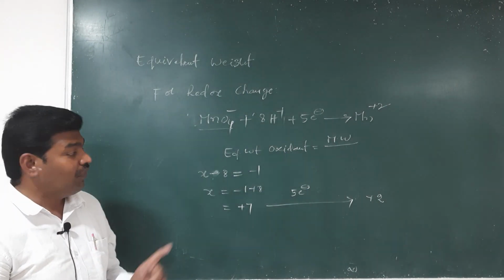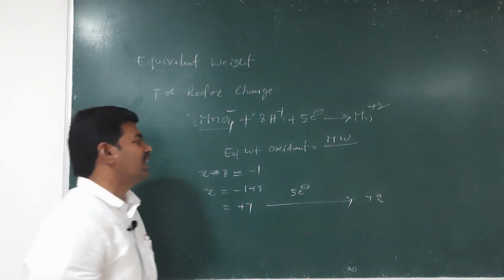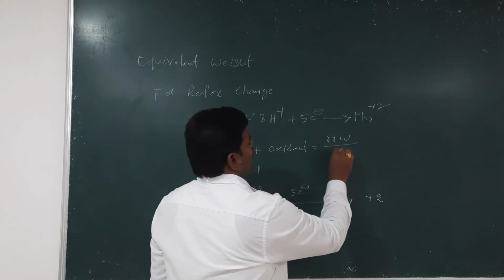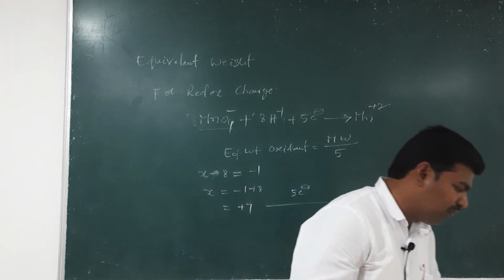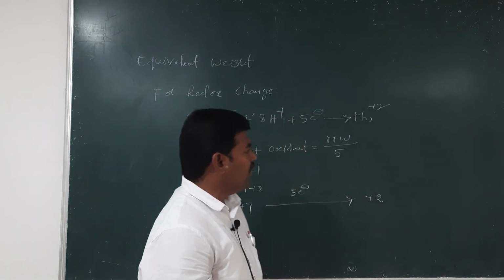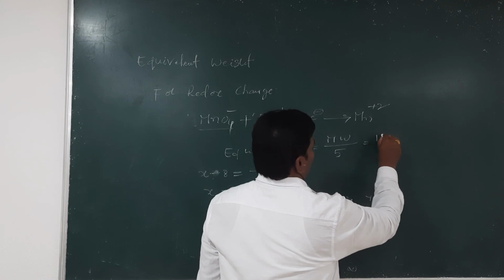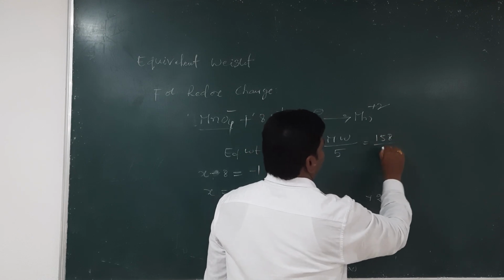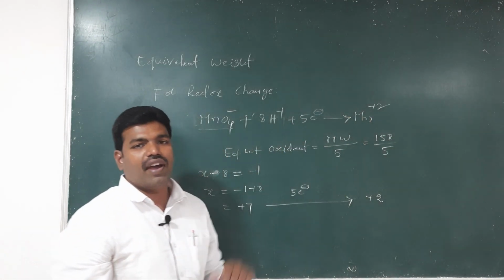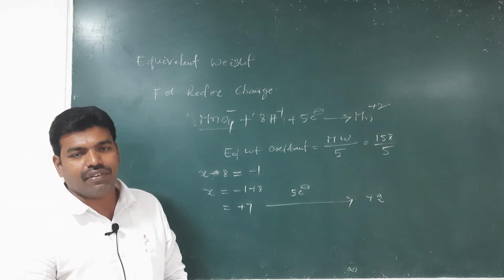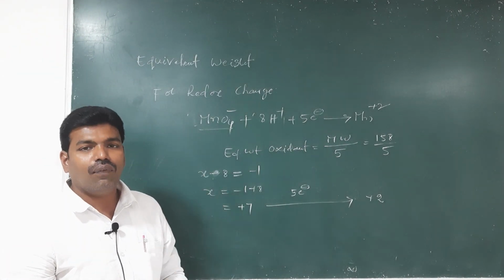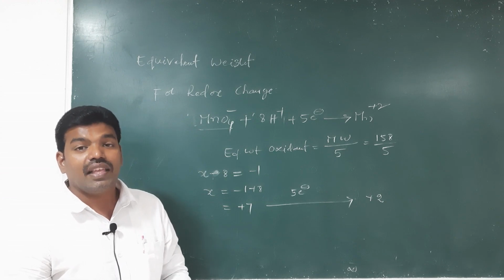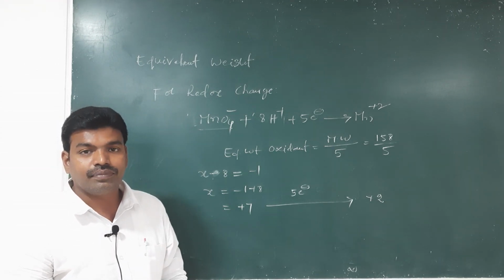Then we divide by 5. The molecular weight of KMnO4 is 158, divided by 5 gives the equivalent weight of KMnO4. In this way we can calculate the equivalent weight of an oxidizing agent.